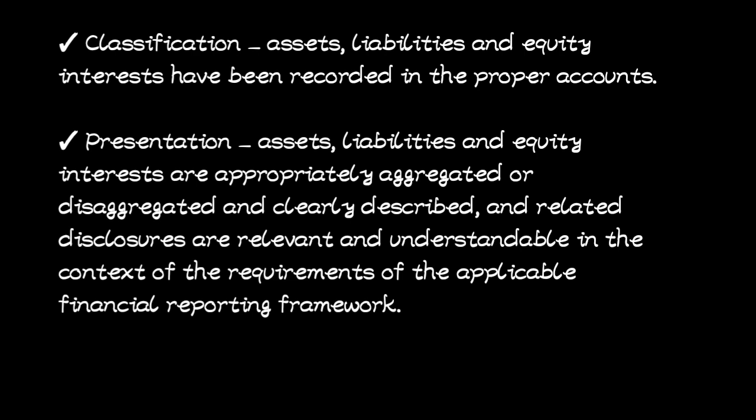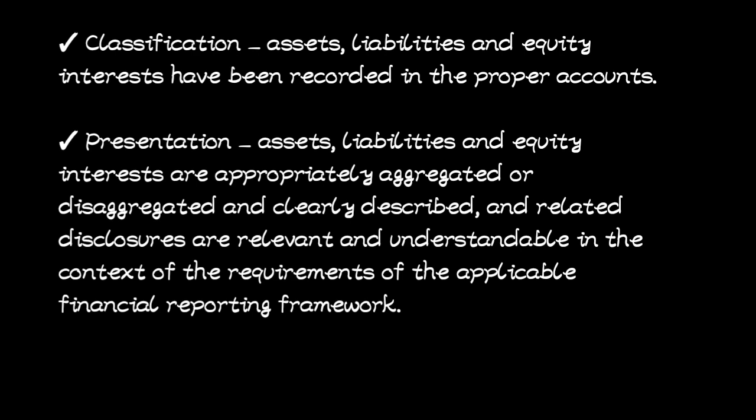The auditor has to confirm if assets, liabilities, and equity interests are appropriately aggregated. Remember, we are supposed to get the total current assets, then the total non-current assets, then we add them to get the total assets, then we add equity and liabilities, like that. So the auditor has to make sure that they are properly aggregated or disaggregated and clearly described, and related disclosures are relevant and understandable.